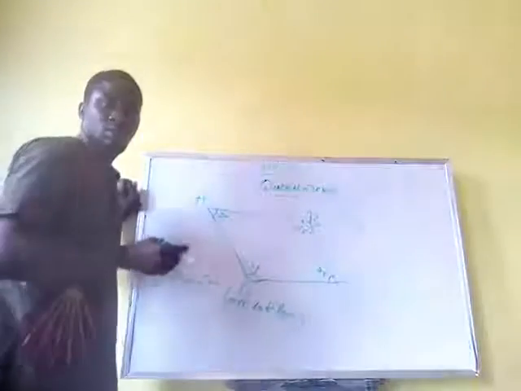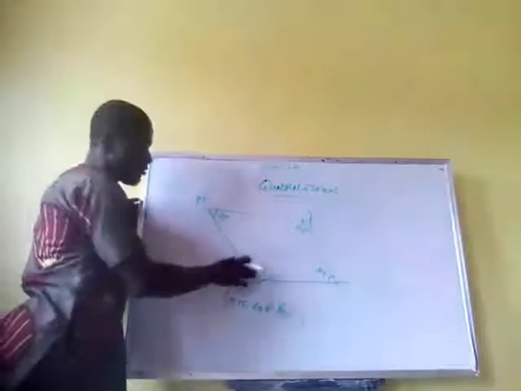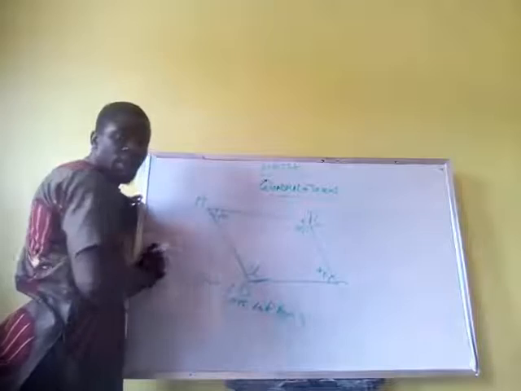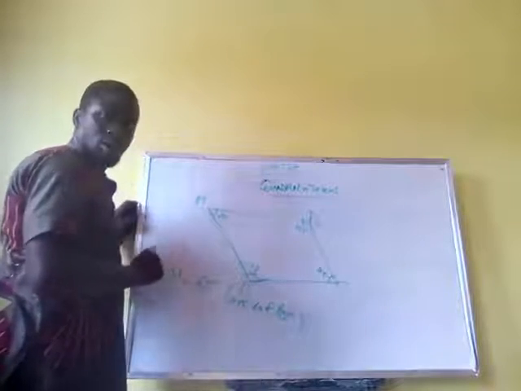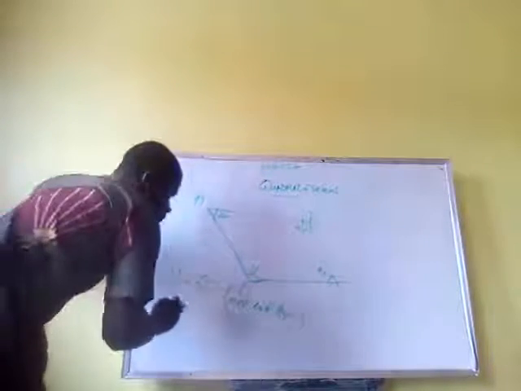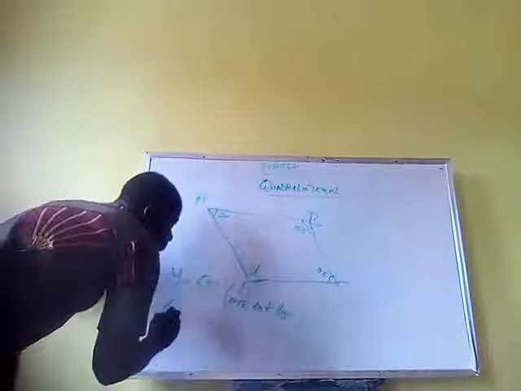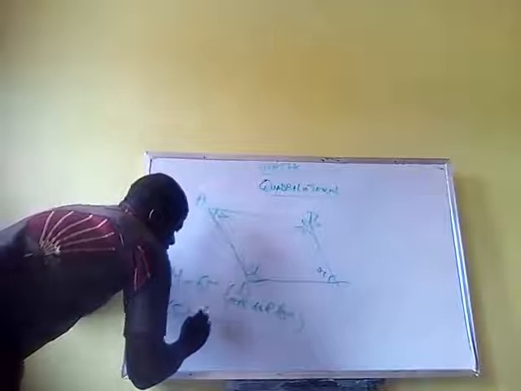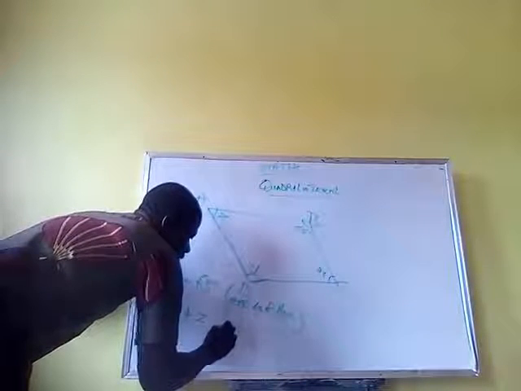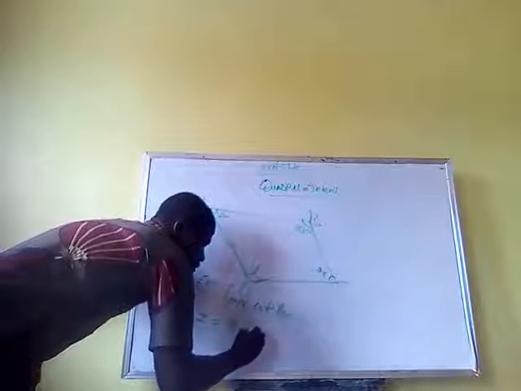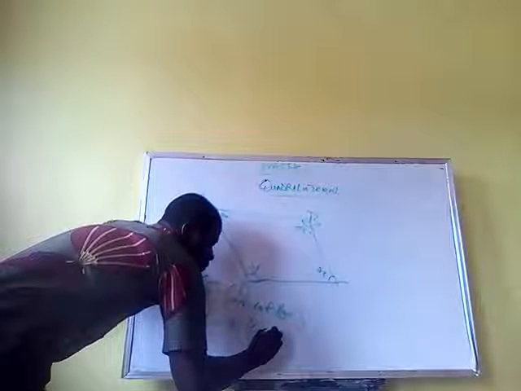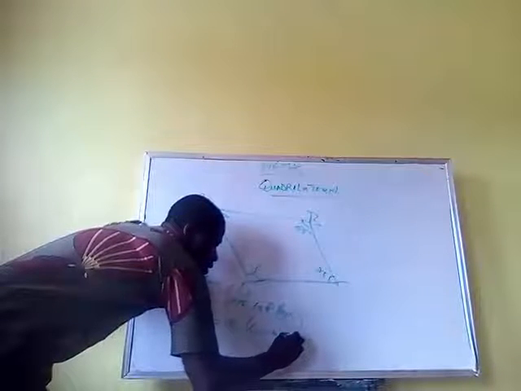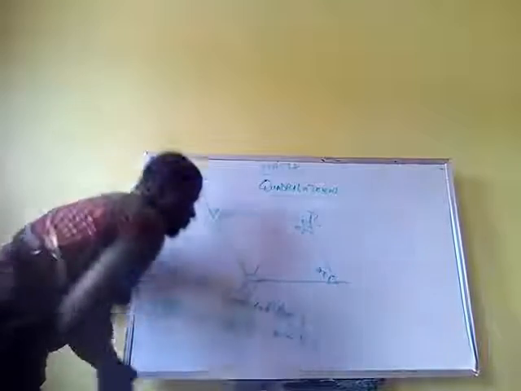The second one is this. This plus this will give you 180. That is 65 plus z is equal to 180, co-interior angles.